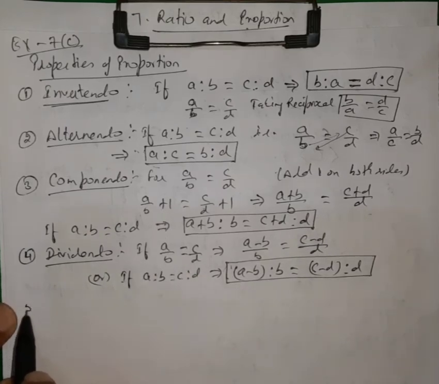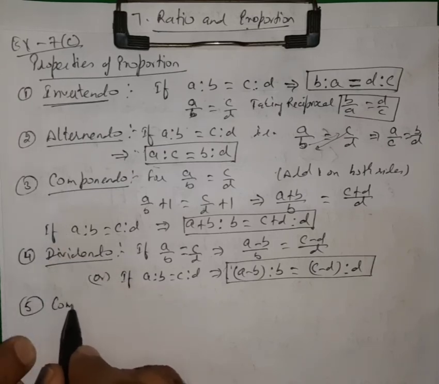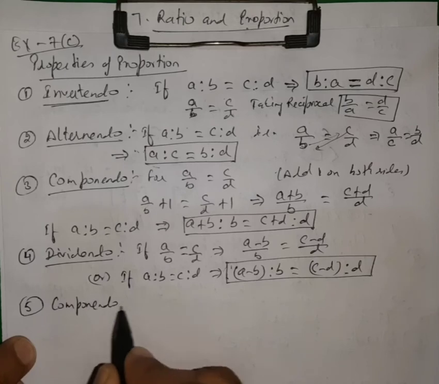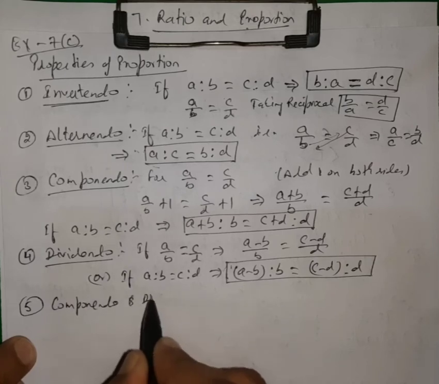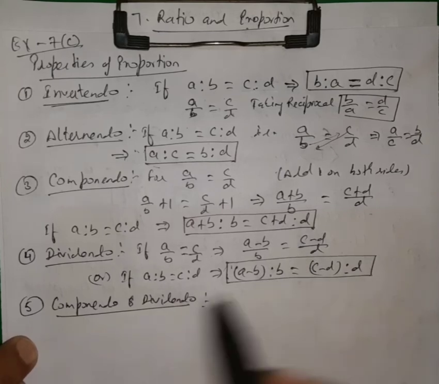Now the next property is a combination of these two, componendo and dividendo. This is a combination of both.